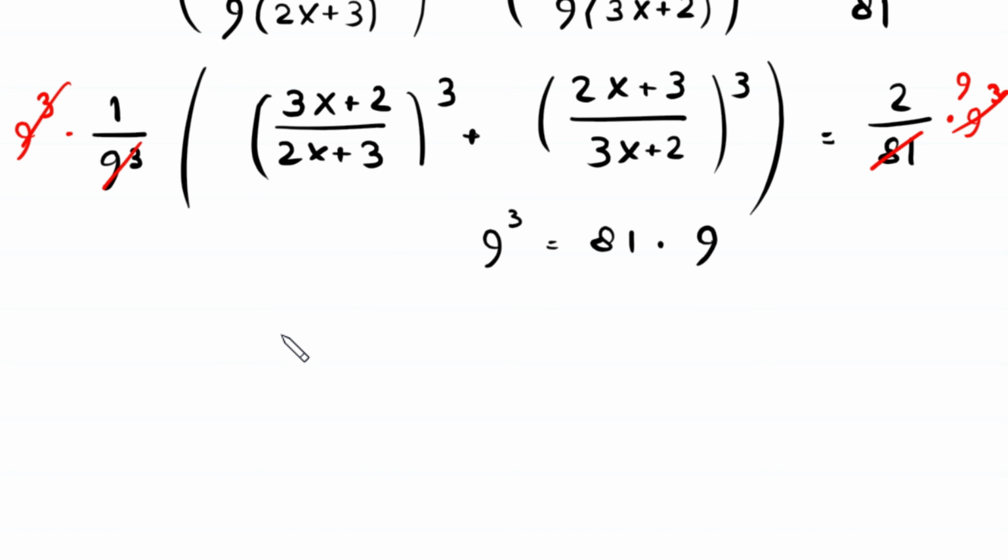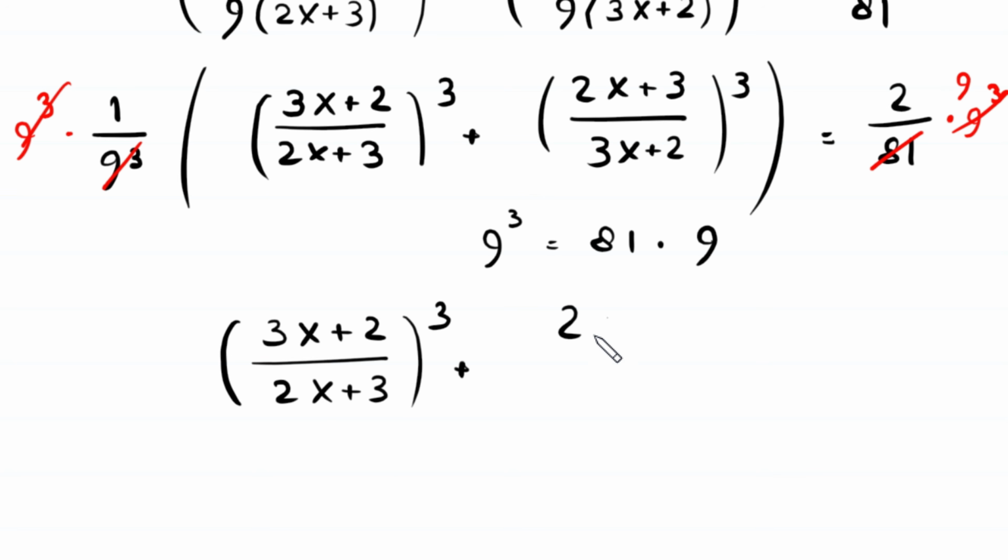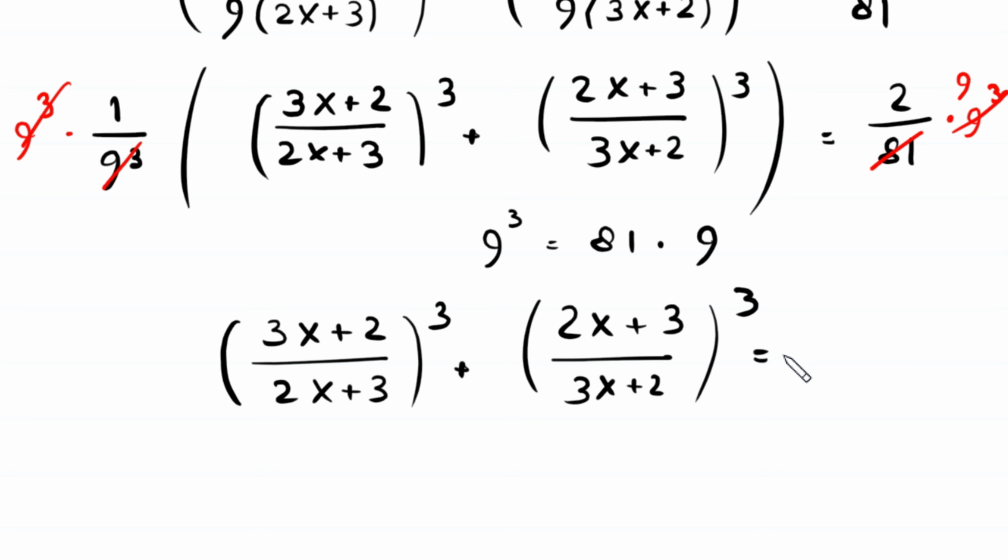The equation will become (3x + 2)/(2x + 3) whole cubed plus (2x + 3)/(3x + 2) whole cubed equal to 2 times 9, which is 18.